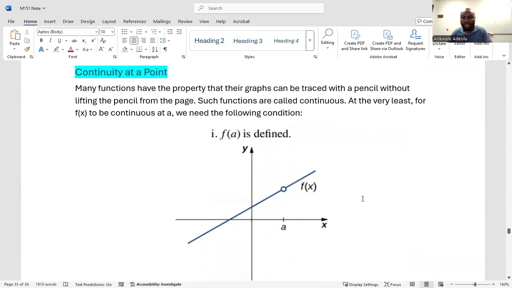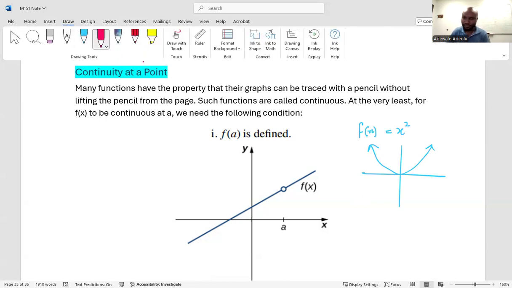Continuity at a point. Think about this function. You should know the behavior of this function at this point. We have something like this for x squared. Now, the way to think about continuity is, let's say you are just moving on this function and you can go through the entire function without lifting your pen.